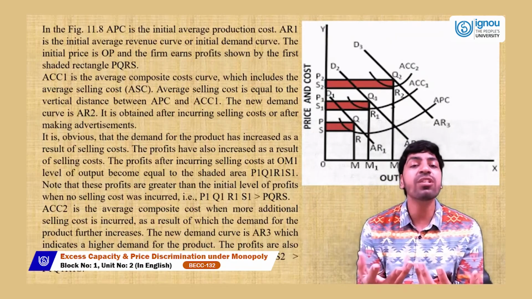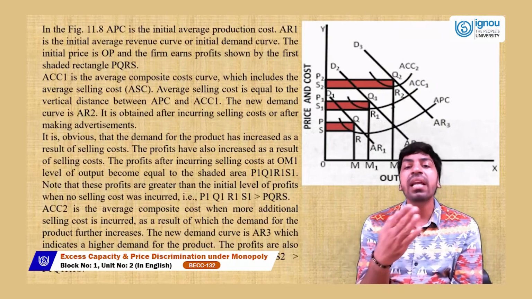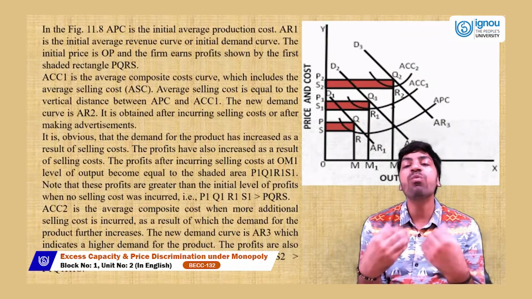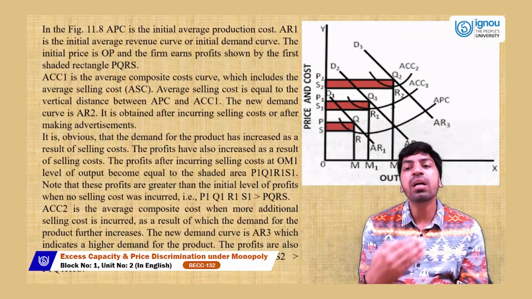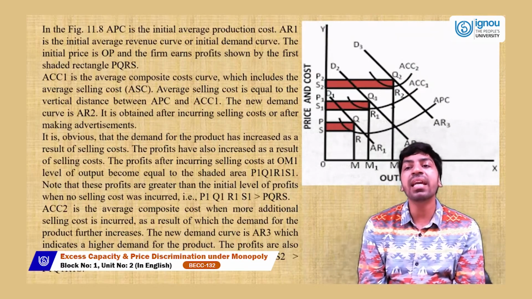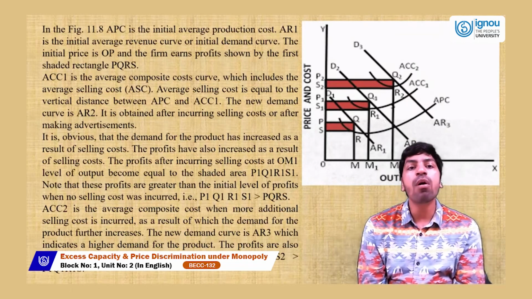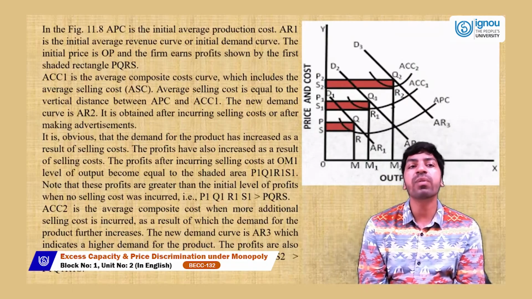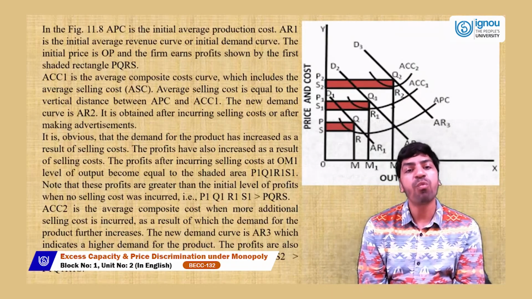When a situation arises where the firm increases the selling cost or makes an investment in advertisements, a new curve is drawn, that is ACC1, the average composite cost curve, or you can say average cost curve 1, which always includes the average selling cost as well.